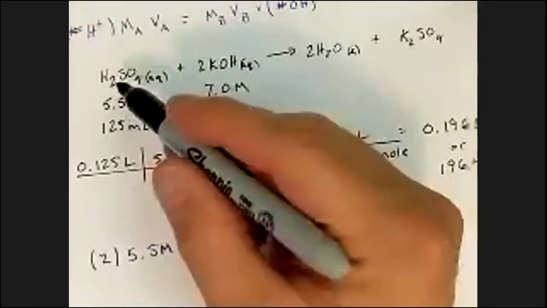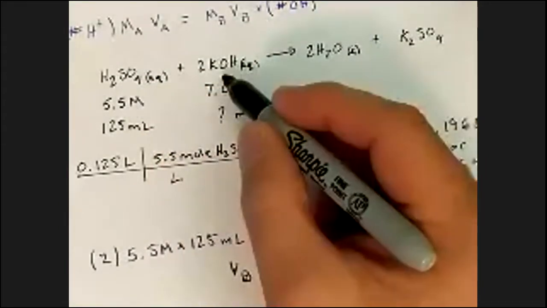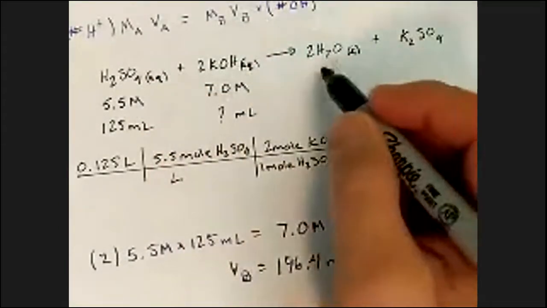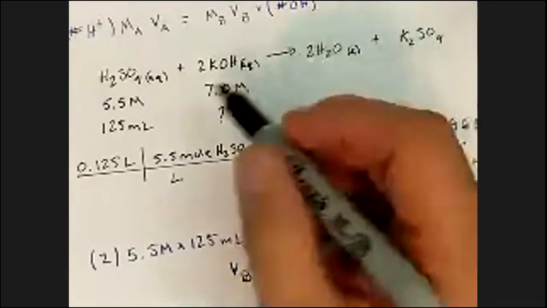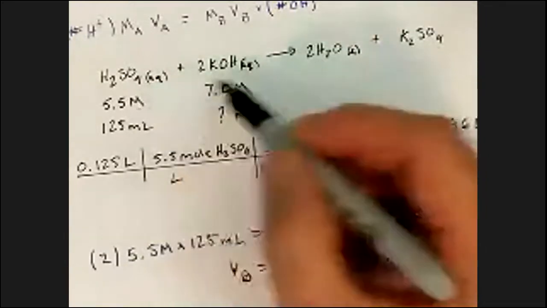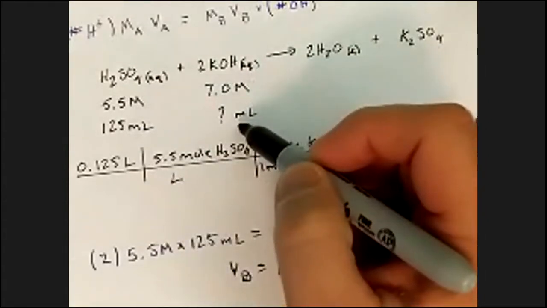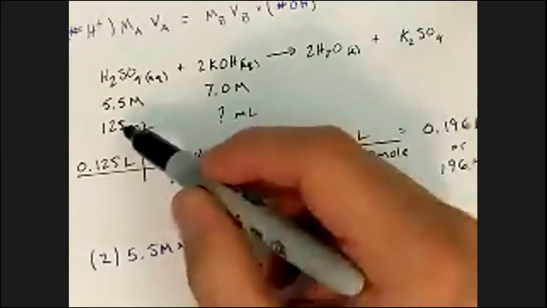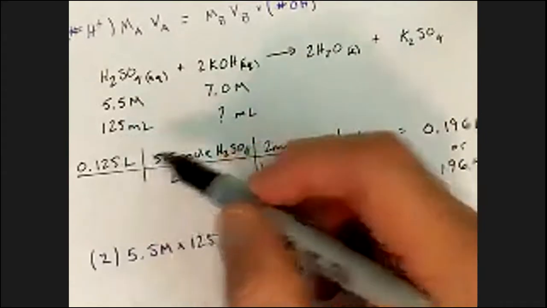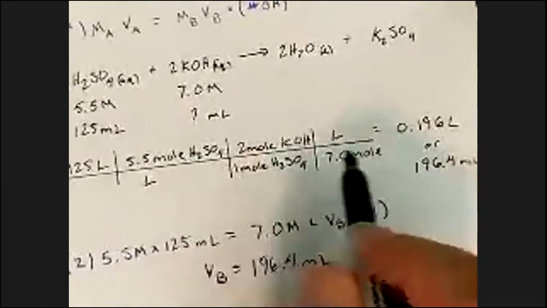So here, essentially, you've got a sulfuric acid and a potassium hydroxide. Again, the water and the salt are the products of an acid-base reaction. We have two molarities, we have a volume, and we're missing a molarity. So again, we're looking for the volume. We would start from the volume here, molarity, balanced equation, molarity.